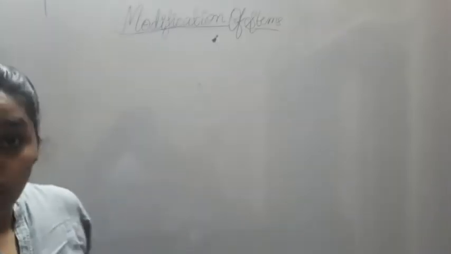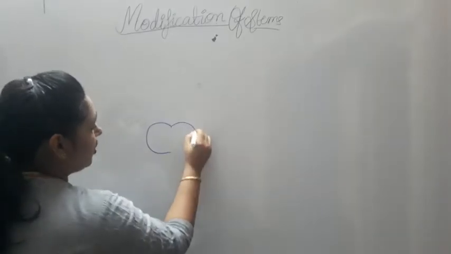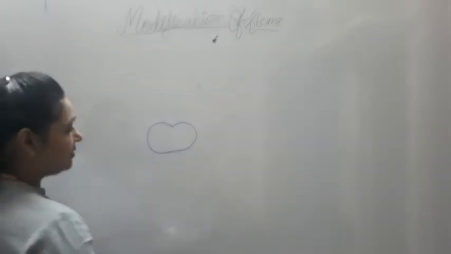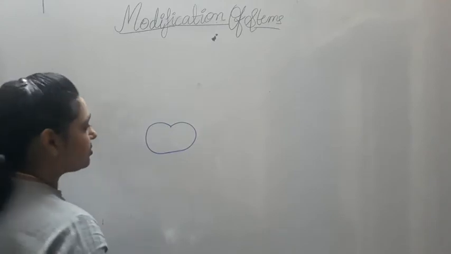Now you know that if this is a seed, a diploid seed I'm making here like a pea, this is the pea seed, gram you can also say.